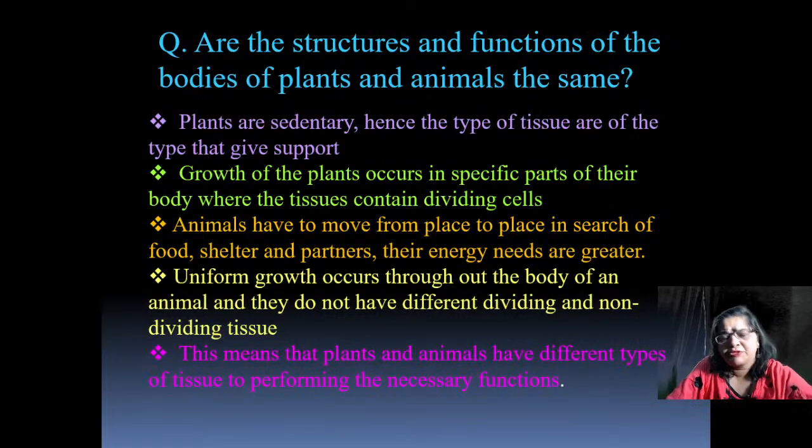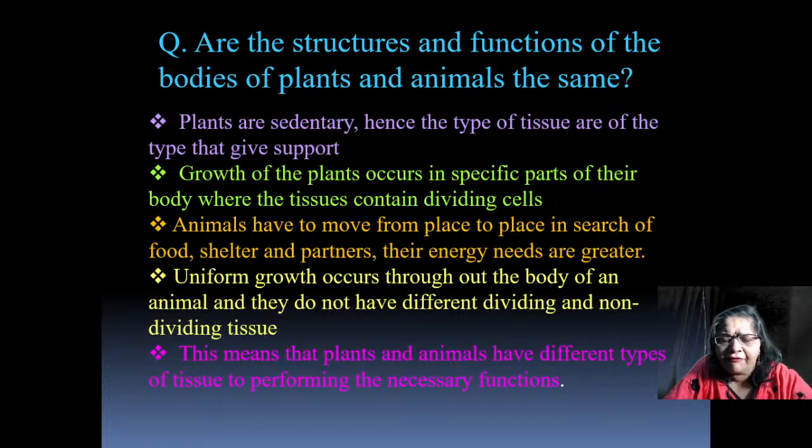Whereas in animals, if you see, animals are mobile, or should I say, they move from one place to another in search of food, shelter and partners. So their energy needs are greater than plants. And if you see the type of growth, the growth seems to be uniform, that is, it occurs throughout the body of the animal, and they do not have different dividing and non-dividing tissue.